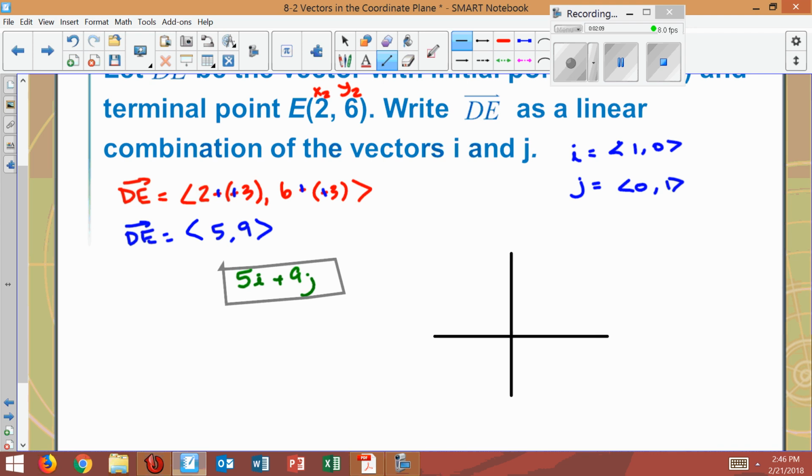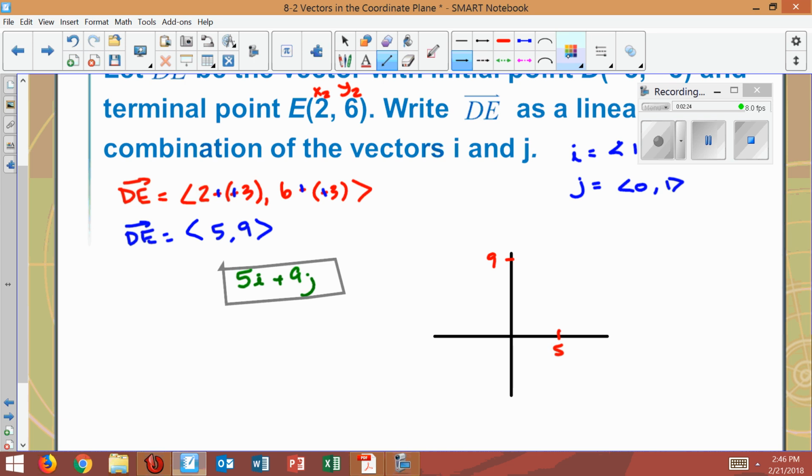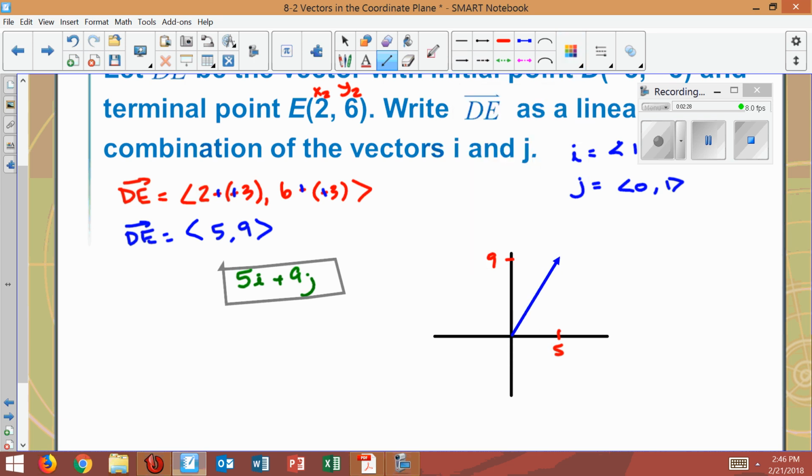If we graph this, this is a vector going right 5 units, up 9 units. So here's 5. This is 9. This vector here in blue, let me do it in blue, is the vector 5, 9. That's how we would represent that vector. That's DE, 5, 9.